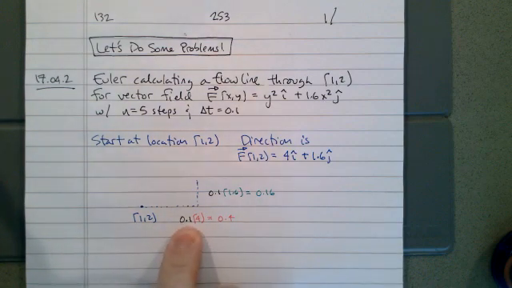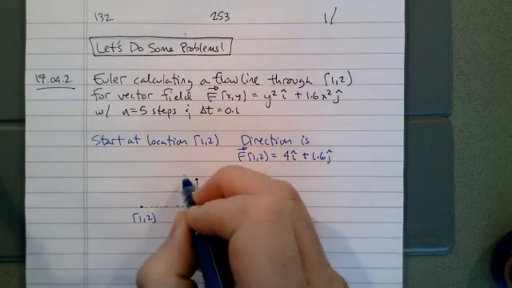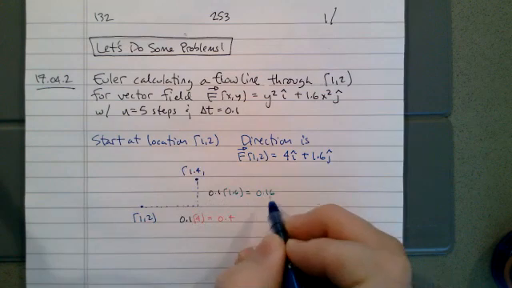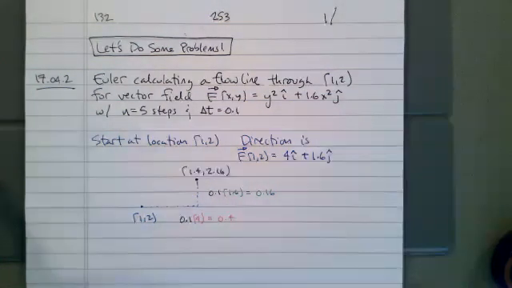We're doing 0.1. We're just applying the slope of 1.6 over 4 for a tenth. And then that's going to give us a new location here. So our second point is going to be at 1.4 and 2.16. So that's the next spot that we're at.